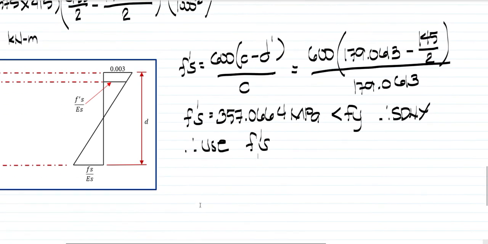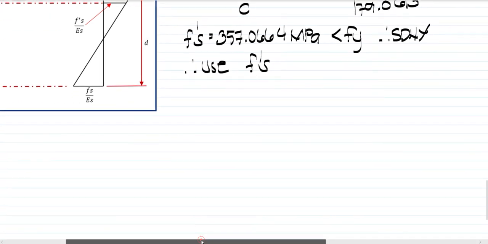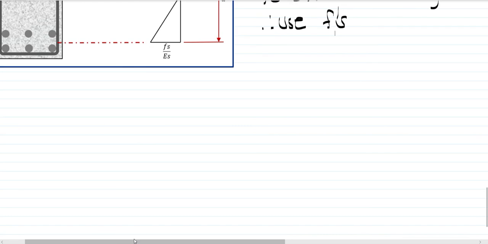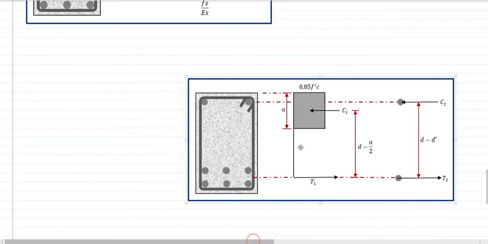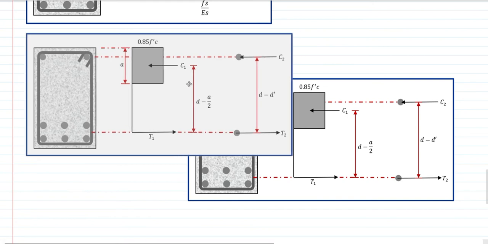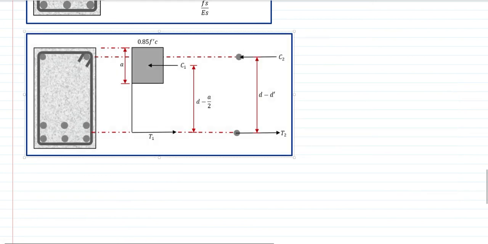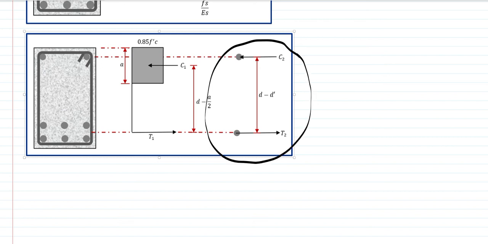After determining if our compression steel is yielding or not, we proceed to getting the second nominal moment, which comes from the second stress diagram and corresponds to Mn2.